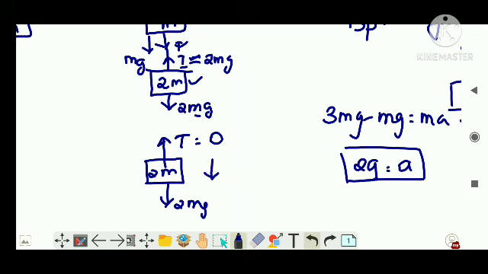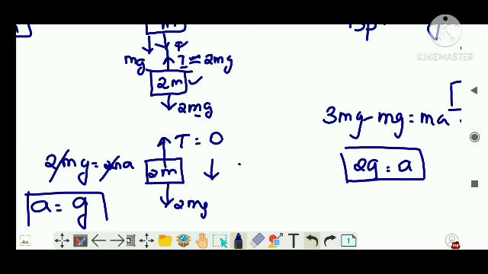So how would you write it? 2mg is equal to 2ma. 2m cancels, so a is equal to g. That is, this mass 2m falls with an acceleration of g. Due to gravity it falls. Clear? Right?